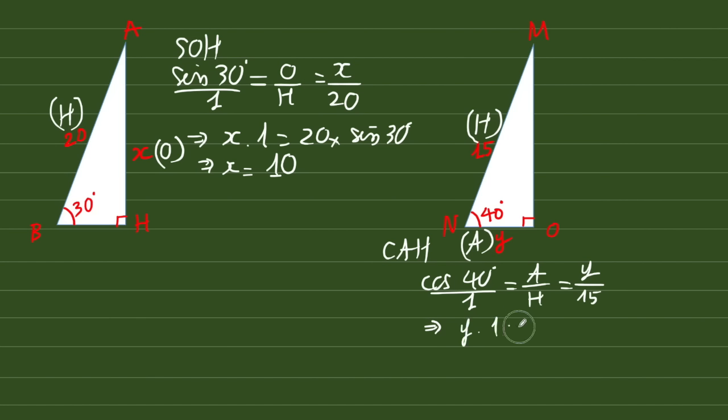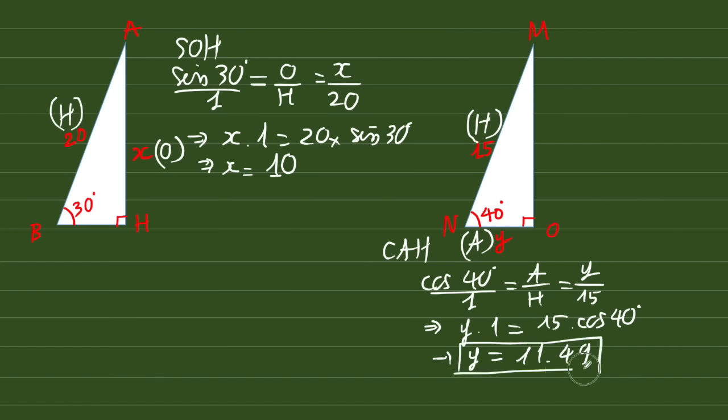So y times 1 equals 15 times cos 40, and you get 11.49. We have done this question.